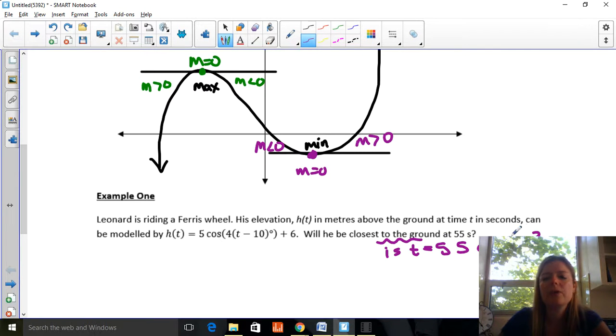So what we're going to do with instantaneous rate of change is check the rate of change right before 55 seconds and right after 55 seconds, and if it's negative right before and positive right after, it could be a minimum. And then we're going to average those two to show that they would average out to 0. That means that the centered interval would give you a slope of 0, so that the instantaneous rate of change is 0. That's what we're going to do.